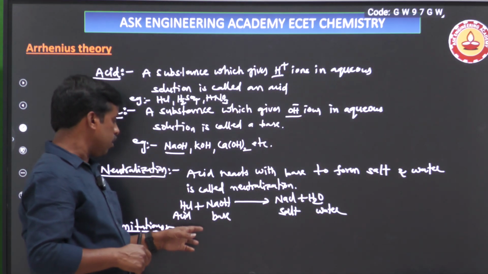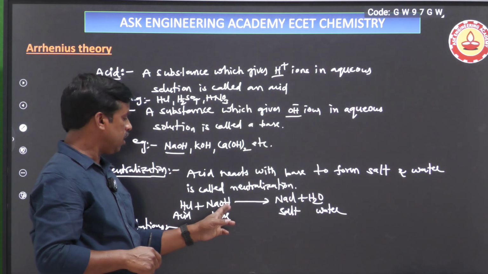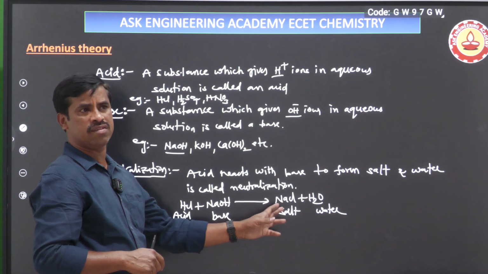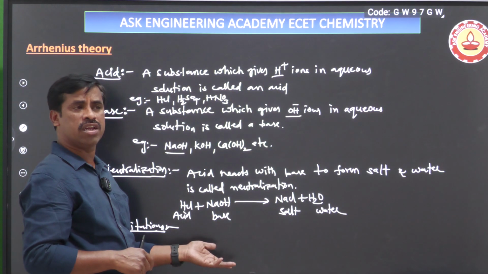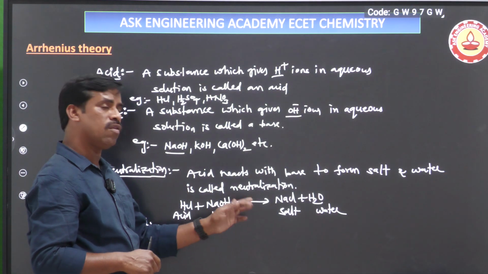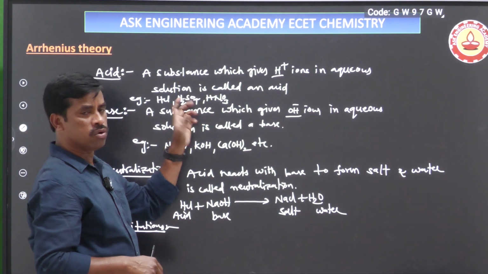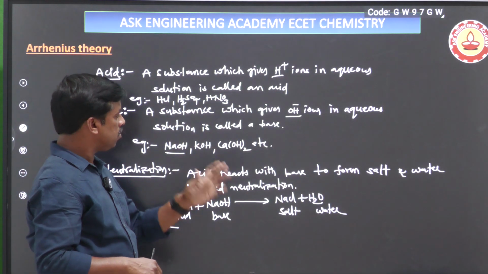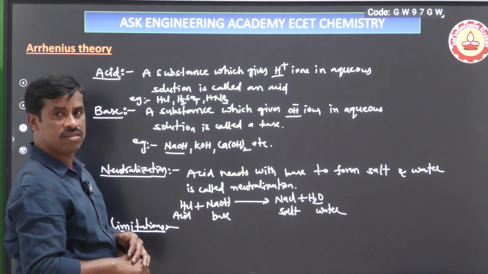The compounds which do not have H plus, it does not explain whether they are acid or base. Compounds which do not have OH minus, like calcium oxide and magnesium oxide, behave like a basic nature, and he did not explain that according to this theory. This is the major information about Arrhenius theory.